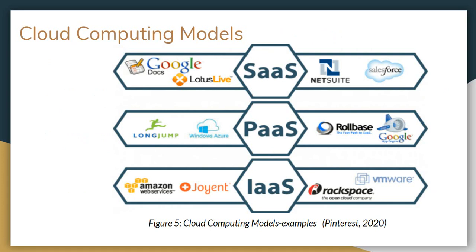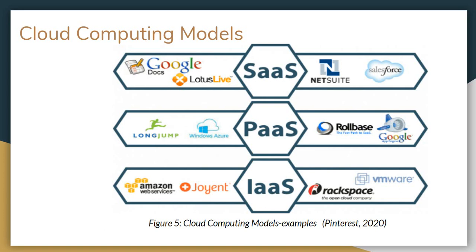Now these are some examples of the services provided by each of the models. For instance, for SaaS, I've mentioned Google. Google Docs has a lot of facilities that one can use to develop whatever documents one wants to prepare. They also have Lotus Live, NetSuite, Salesforce, and many others that make up the SaaS model.